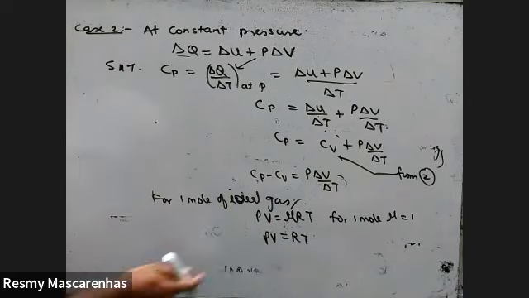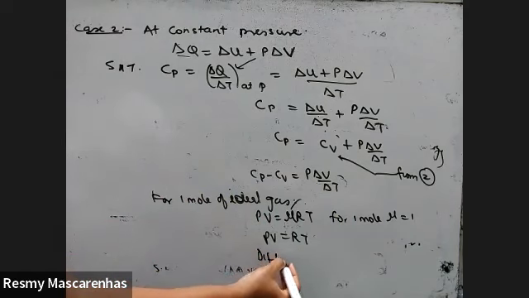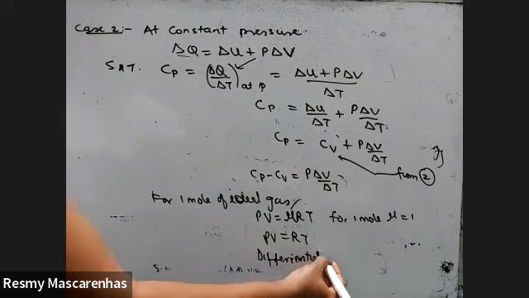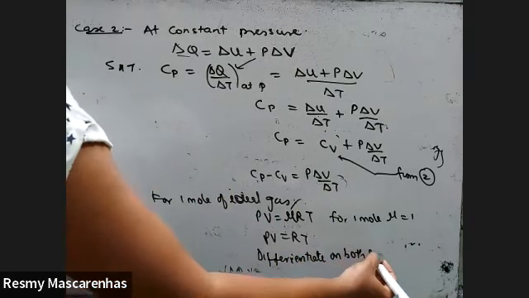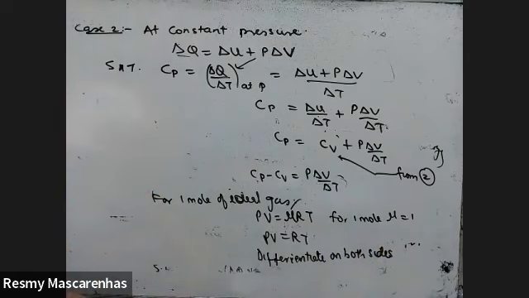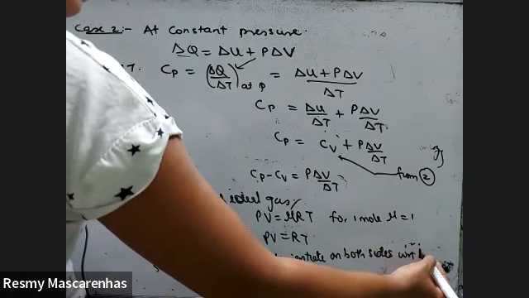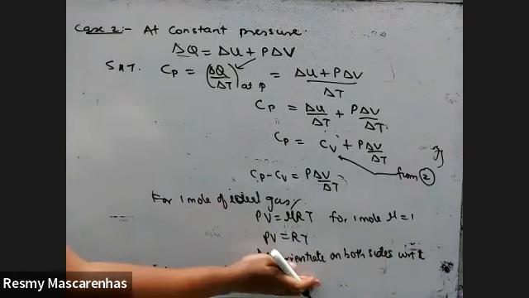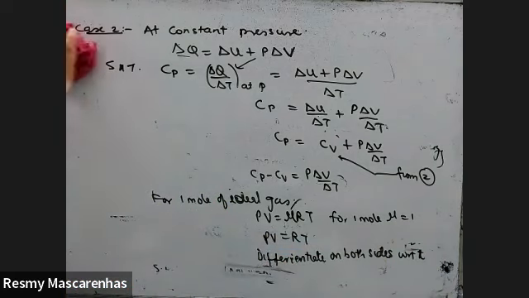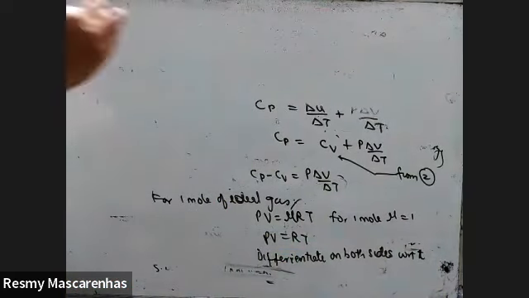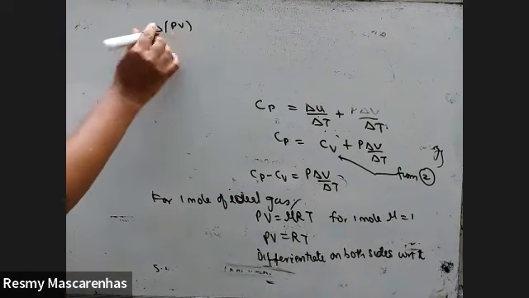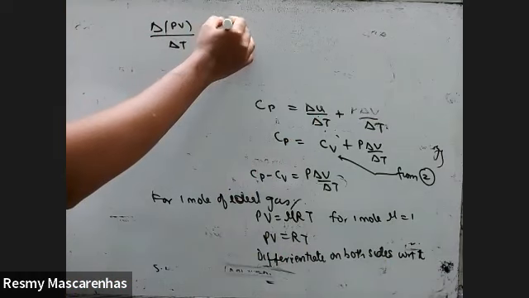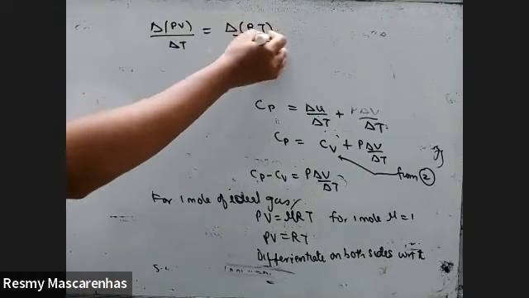So we'll just take the derivative on both the sides, with respect to T. Delta PV upon delta T on both the sides.